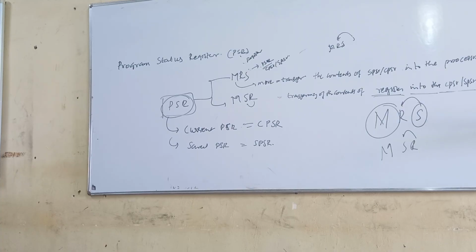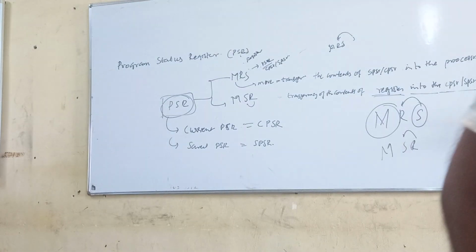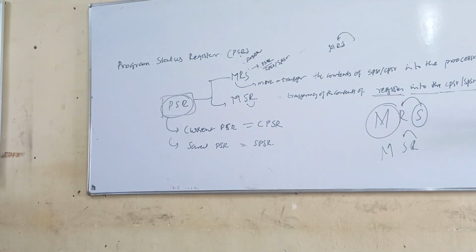The ARM instruction set provides two instructions to directly control a program status register.